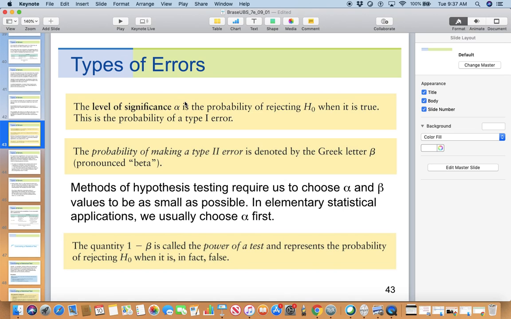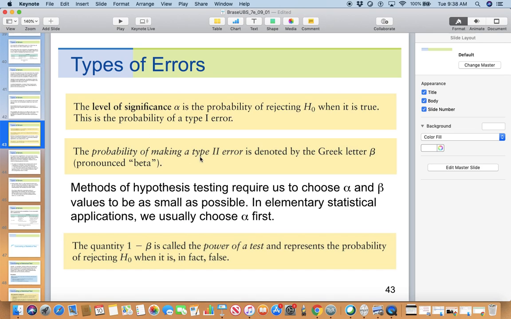It looks like A, but it is alpha. The level of significance alpha is the probability of rejecting H0 when it is true. So H0 is true, but we still rejected it. So that is a type 1 error. What's the probability of that happening? That's called the level of significance.